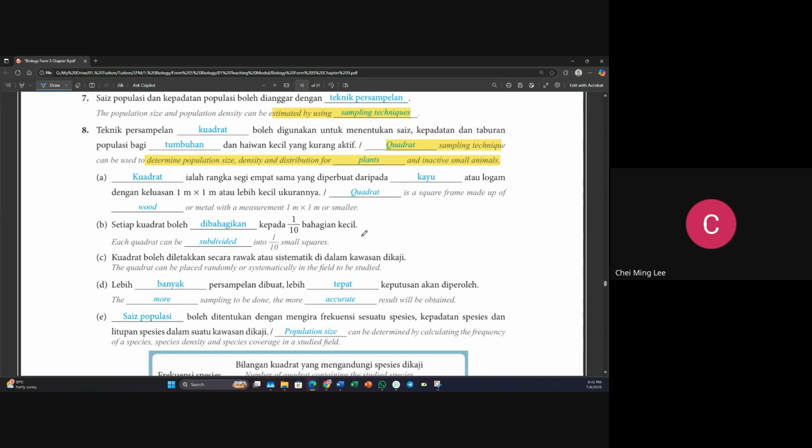It means that each side of 1 meter, I divide into 10 more subdivisions. The quadrat can be placed randomly or systematically in the field to be studied. The more sampling that is done, the more accurate the result will be.